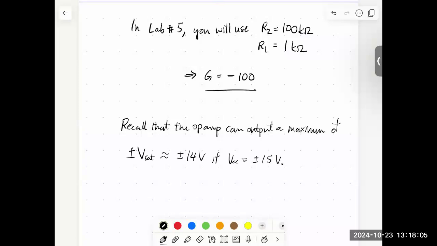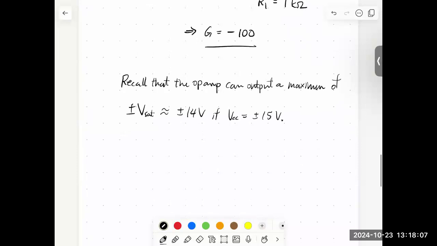Okay. So what does that mean? That means that V out maximum is equal to plus or minus V saturation. And we know that V out is equal to minus the gain times V in.